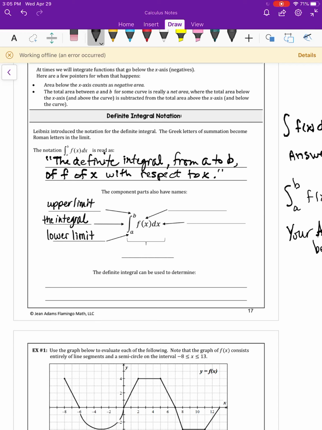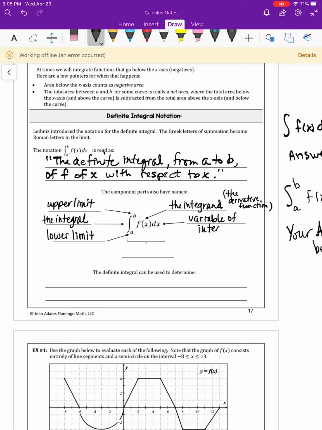And the b is my upper limit. f of x is called the integrand, and you're thinking of it as the derivative function. When you see an integral, you should think of the function you're looking at as the derivative, and your answer is going to be the original function.